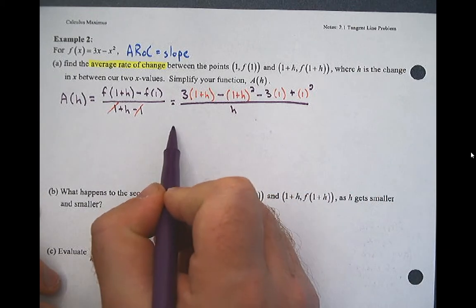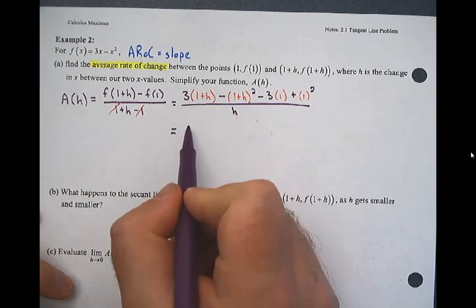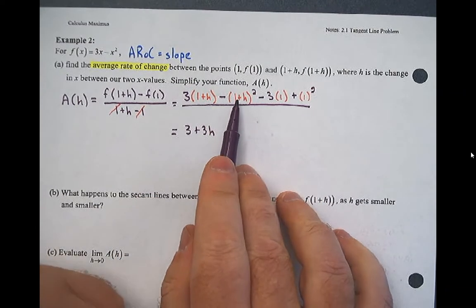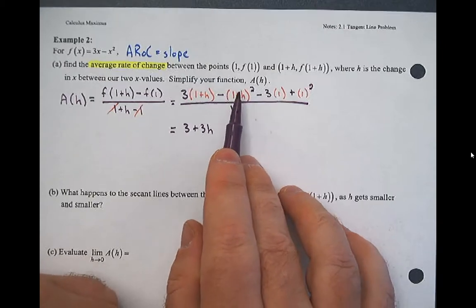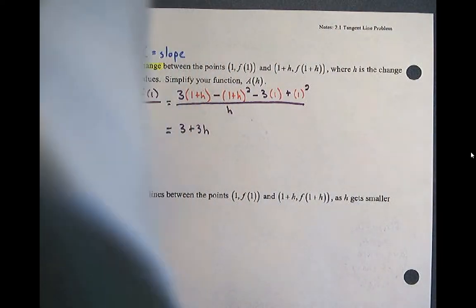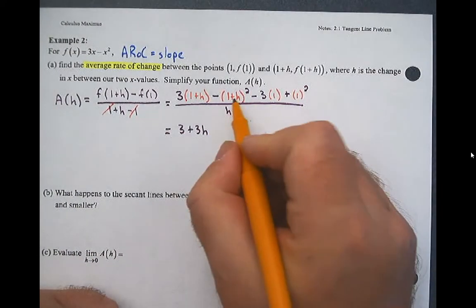Okay, so now we can start to clean this thing up. 3 times 1 plus h, I would just distribute. That'd be 3 plus 3h. Now this gets a little bit sticky. 1 plus h squared. I wish I could just square both of them, but I cannot. Instead, what I need to do is expand them. So I'm going to go over to the corner of my paper, and I'm going to practice review expanding 1 plus h squared.